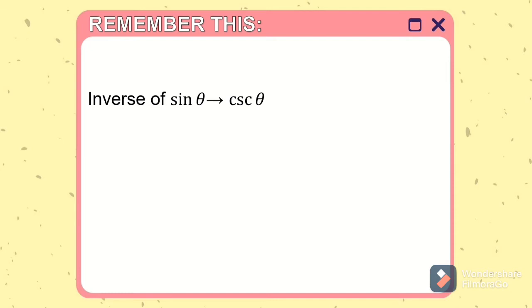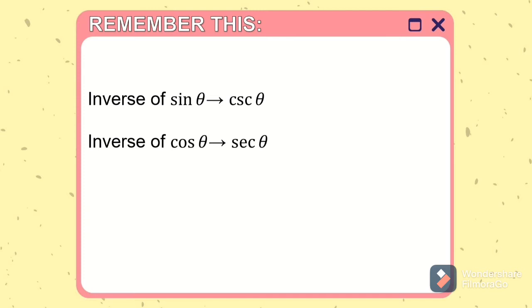The other one is the inverse of sine theta, and that is cosecant theta. Since our sine theta is opposite over hypotenuse, then our cosecant theta will be 1 over sine theta, or hypotenuse over opposite. Next one is the inverse of cosine theta, which is the secant theta.